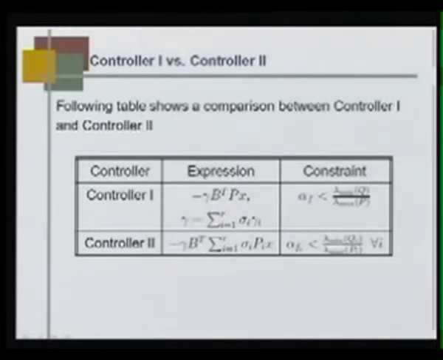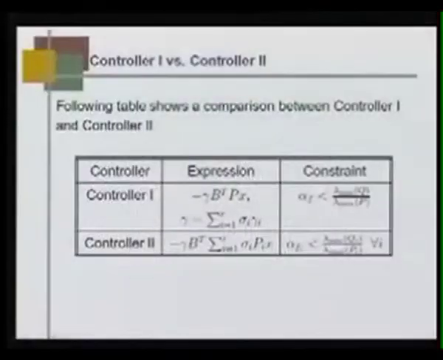Similarly, in controller 2, gamma is a constant quantity, but here sigma_i P_i makes it again a variable quantity. The design principles of controller 1 and controller 2 are different, whereas the same principle of robust control has been used to design both.